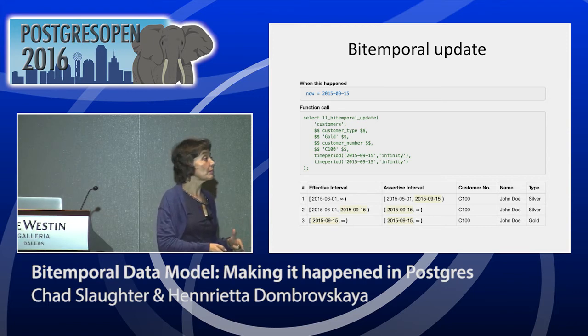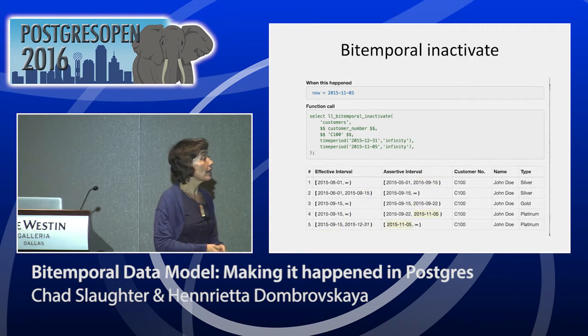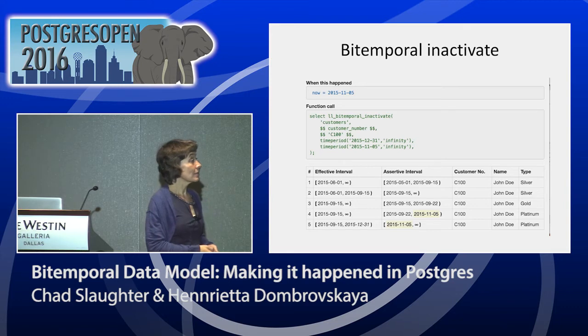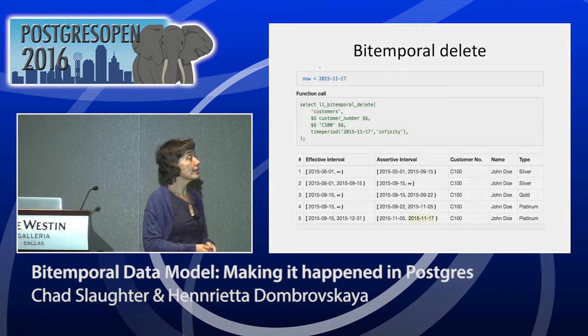Instead of bitemporal correction, it will do bitemporal update, adding new information, not correcting the information which was wrongly put there in the first place. Then there's bitemporal inactivate, again a separate function. You can refer to the previous slides. It does the same thing. And bitemporal delete also just executes the operations which I described.